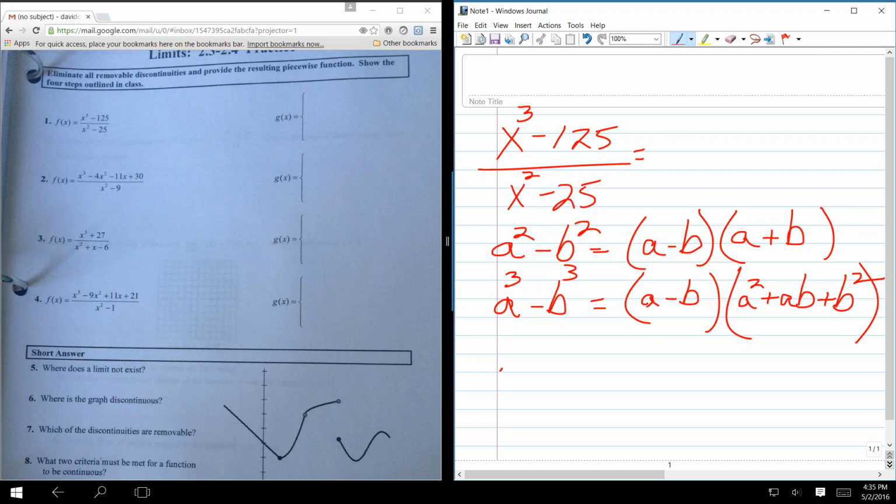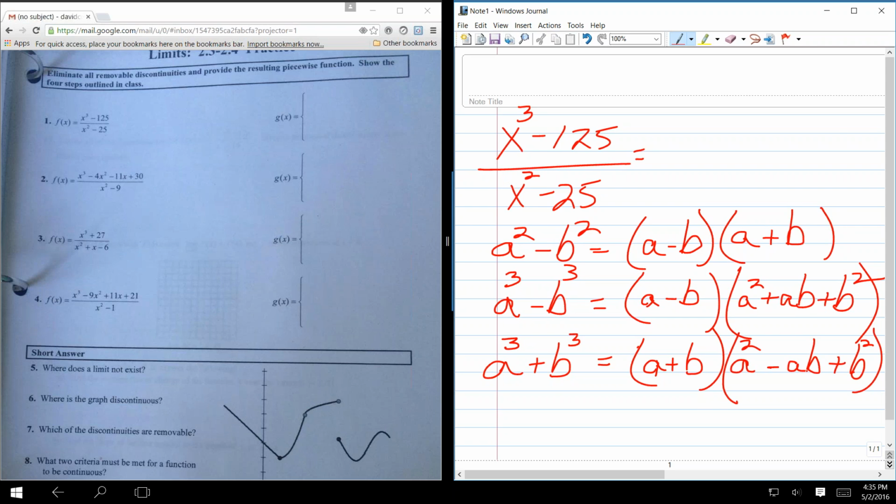And then finally we have the sum of perfect cubes. The first term is linear with the same sign as I started with. And the second term is just like this one with the opposite sign. In other words, the middle term is going to have the opposite sign. So it's going to be minus ab plus b squared.